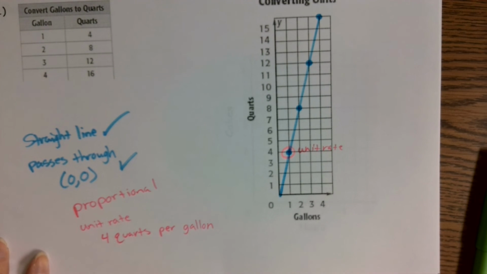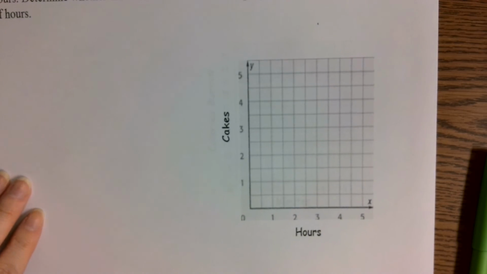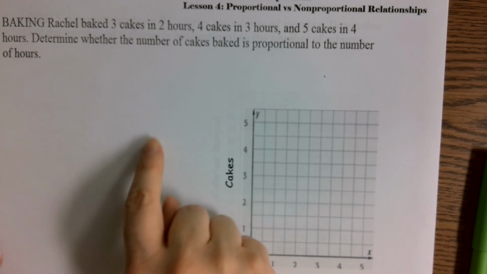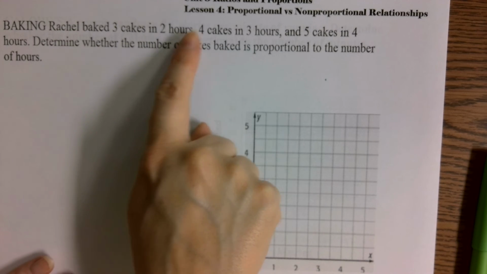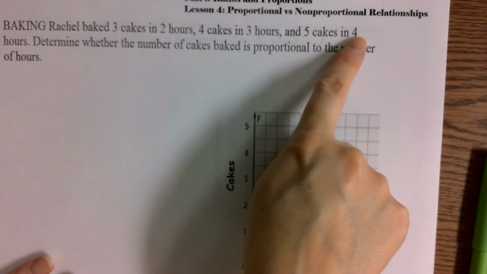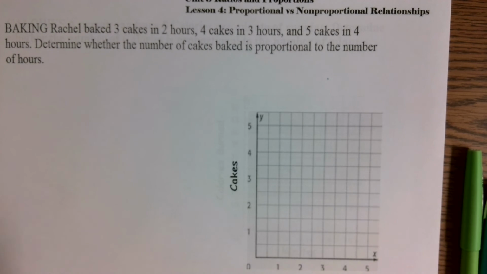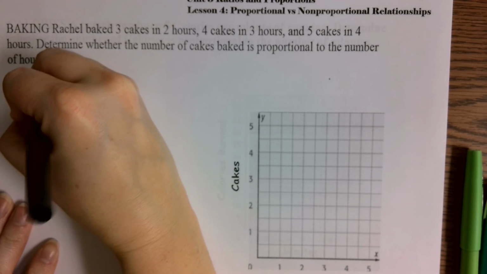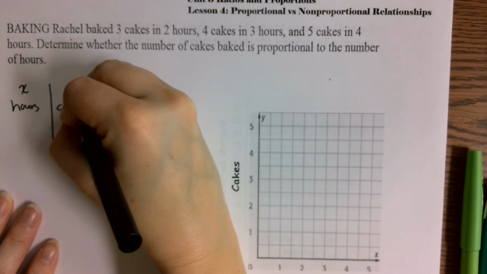Okay, let's go ahead and get this moved to the next one. So for here, they're not giving you the table, but you can make a table of information. Rachel baked 3 cakes in 2 hours, 4 cakes in 3 hours, and 5 cakes in 4 hours. So we're going to make a table where the X value is our hours, and the Y value is the number of cakes.